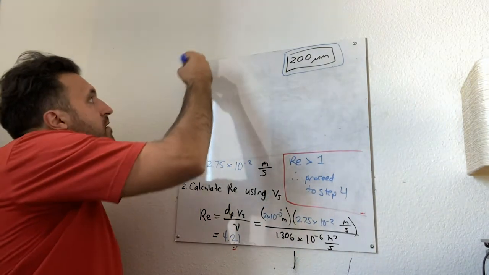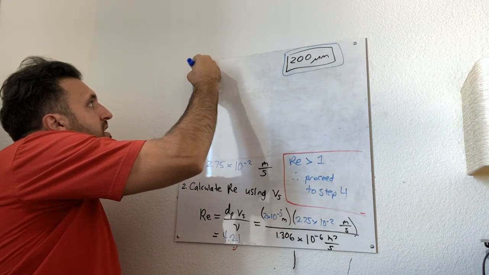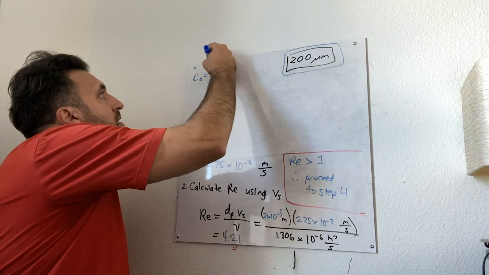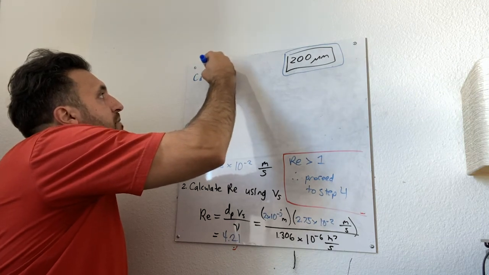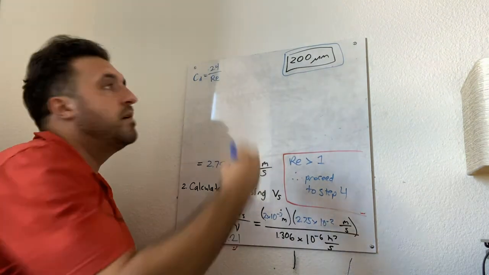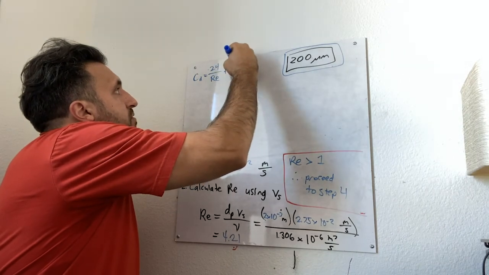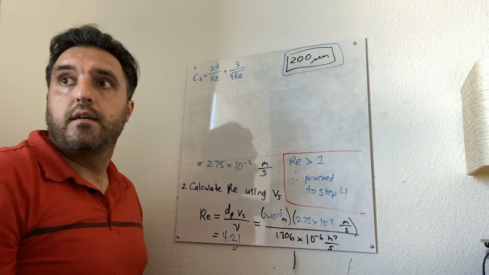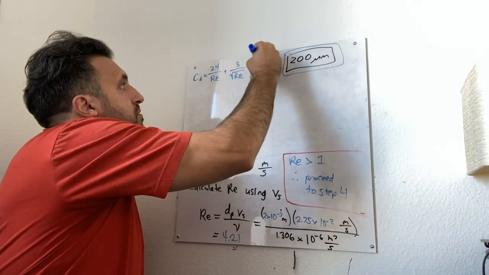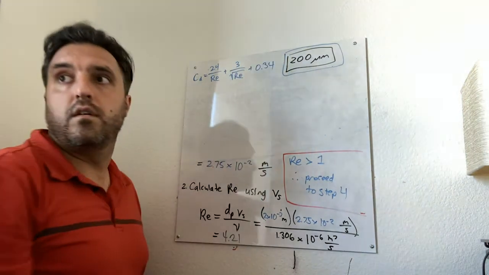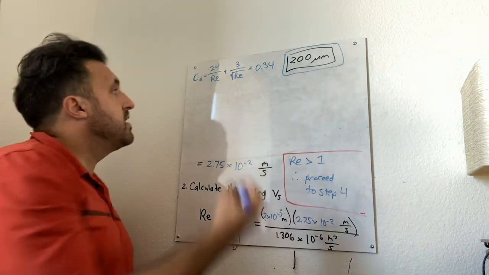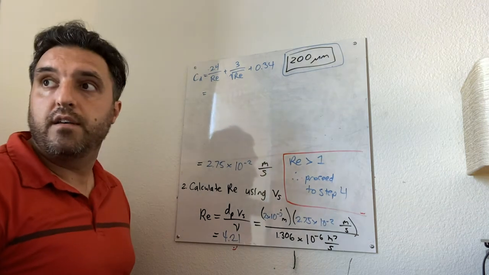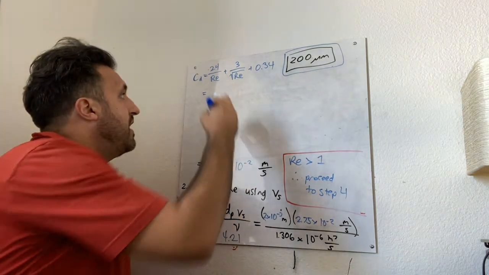Alright, so that equation is C sub D, the drag coefficient, is equal to 24 divided by the Reynolds number plus 3 over square root of the Reynolds number plus 0.34, which will give us a value of 7.50.